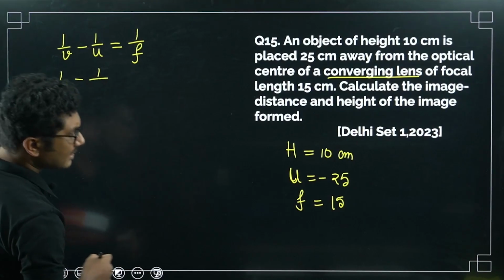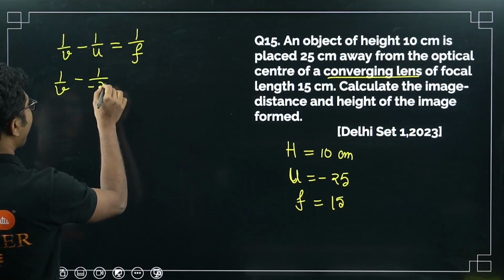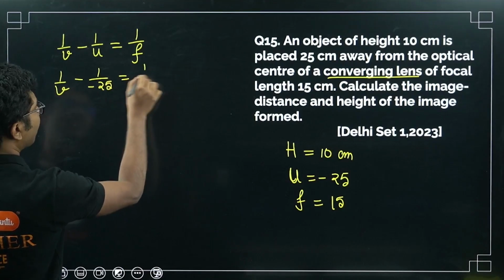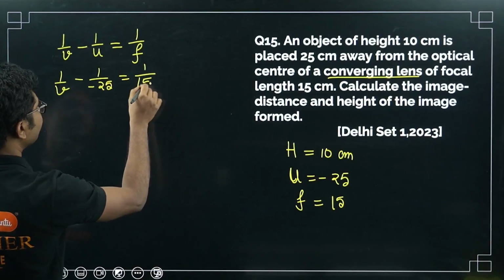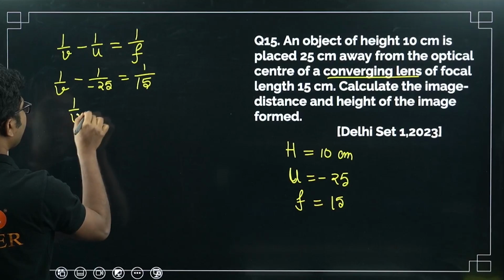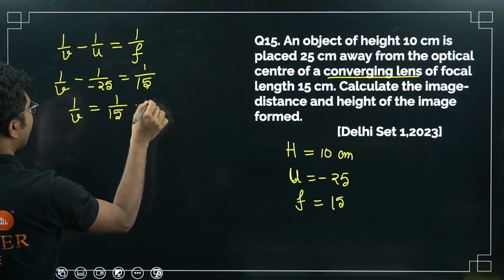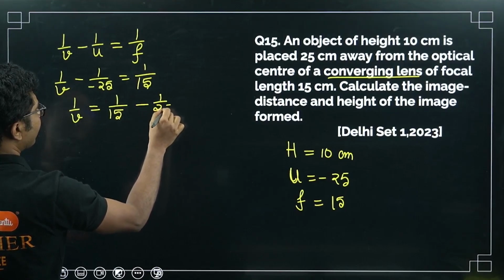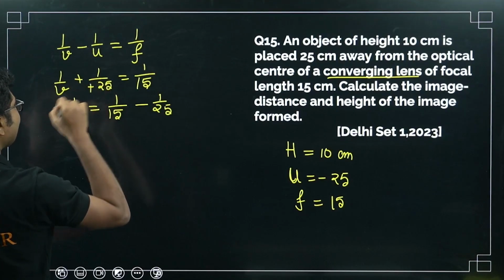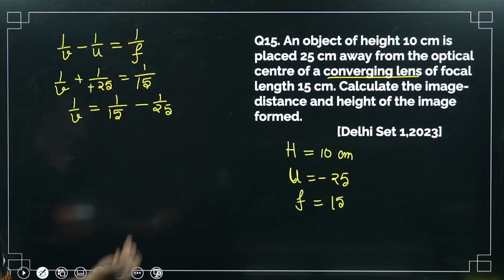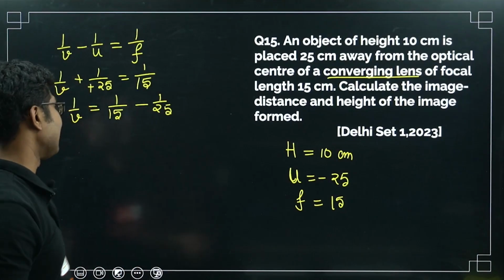So 1 by v minus 1 by minus 25 equals 1 by 15. So 1 by v equals 1 by 15 minus 1 by 25. The minus here will cancel, so this goes to the other side and becomes another minus, right?